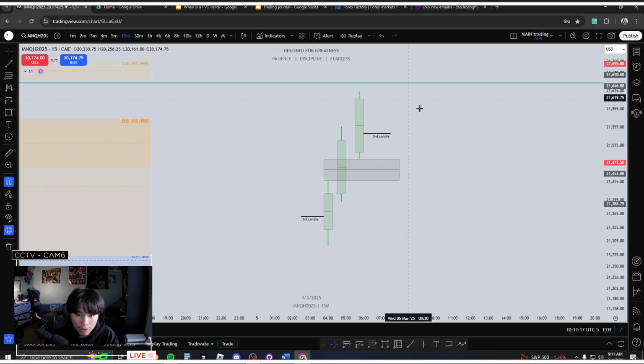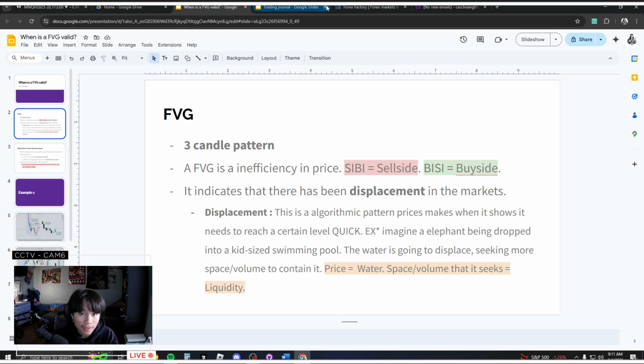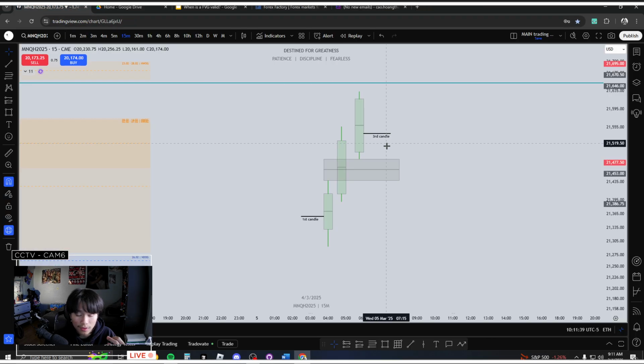And you can reverse this for a SIBI, but this is essentially what a fair value gap is. So there's 1 candle, 2 candle, 3 candle. It's a 3-candle pattern. And a fair value gap indicates that there is an inefficiency in prices.